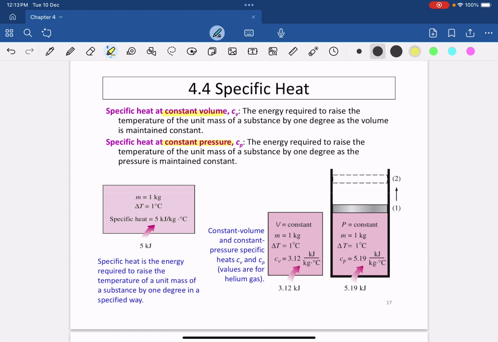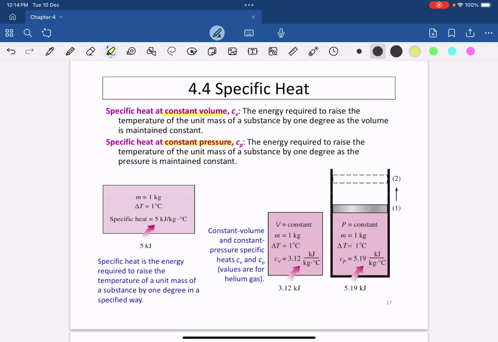There is the specific heat for a constant volume process, which we define as CV. It is defined as the energy required to raise the temperature of 1 kilogram of substance by 1 degree, where the volume is maintained constant.